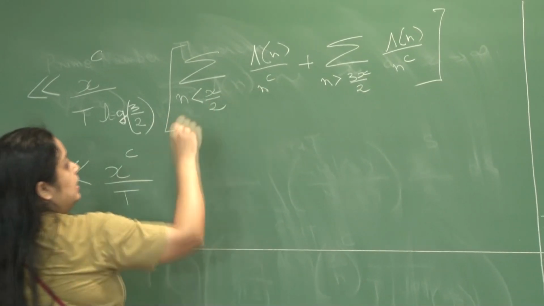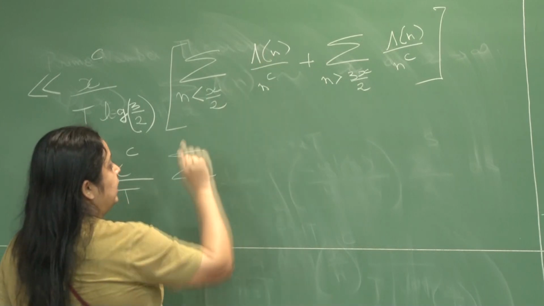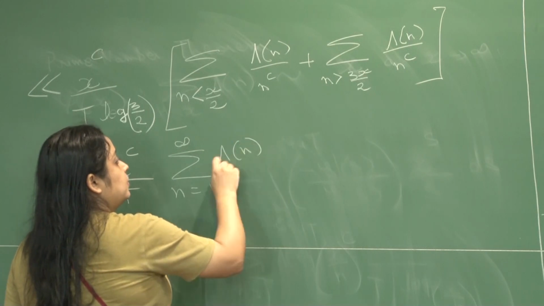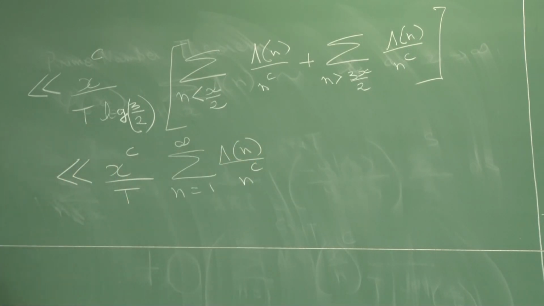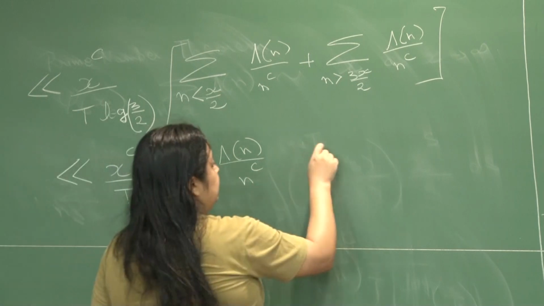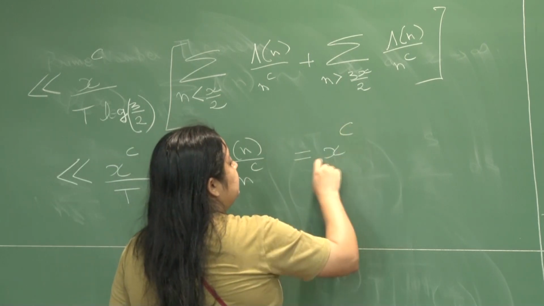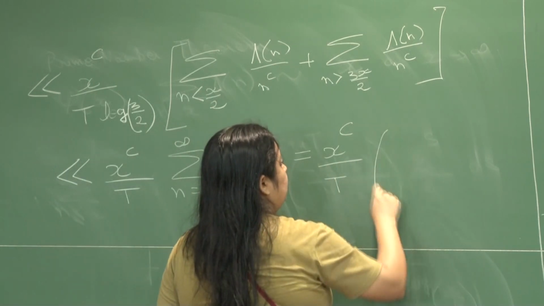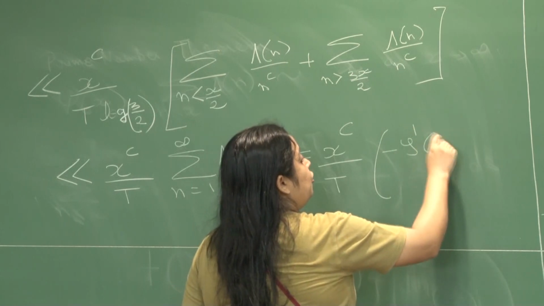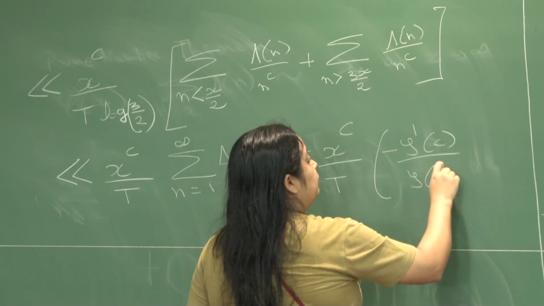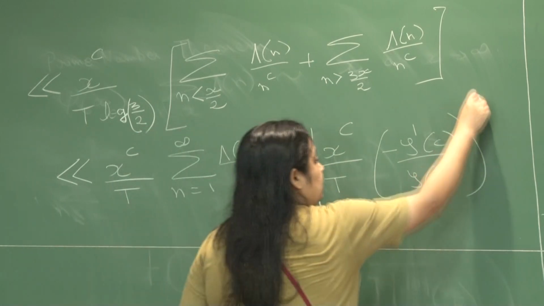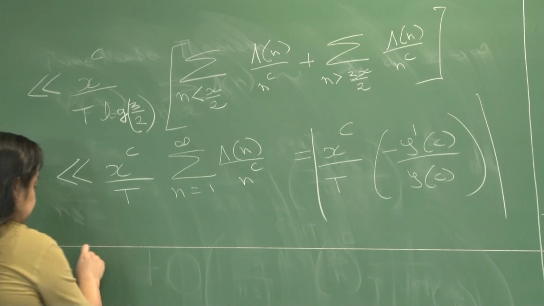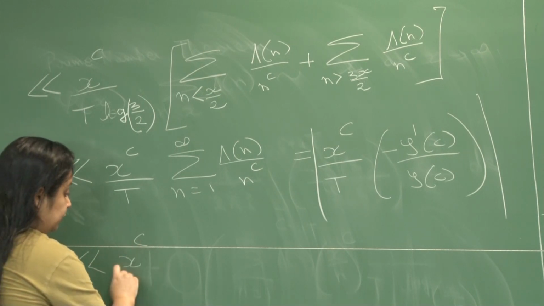This is certainly less than, these are non-negative terms, so certainly this term is x raised to the c over 2, and this is minus zeta prime c over zeta of c. And what do you see? This is less than x raised to the c over T.